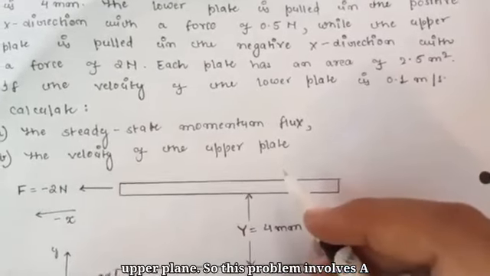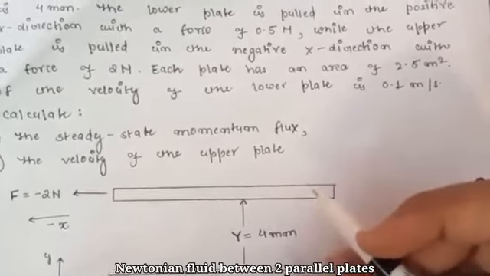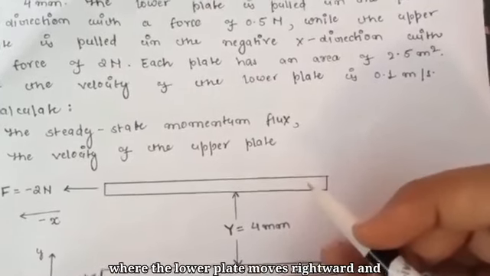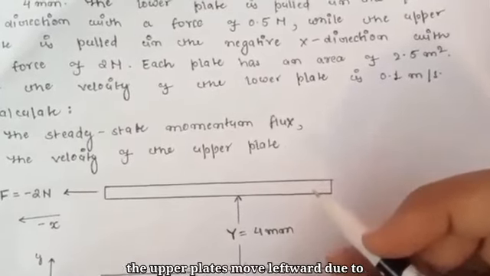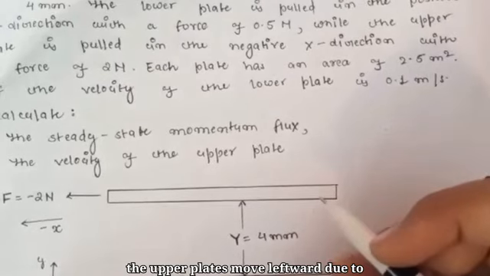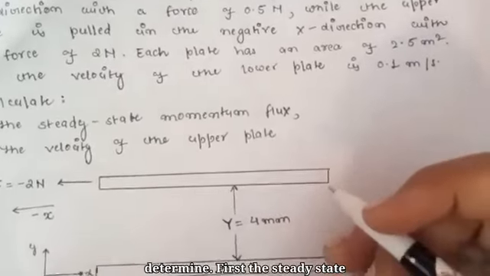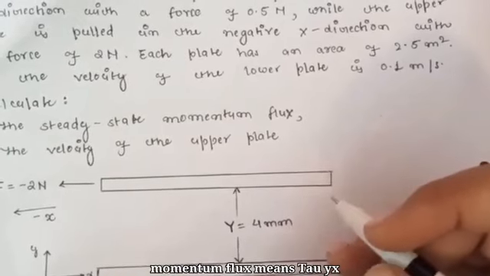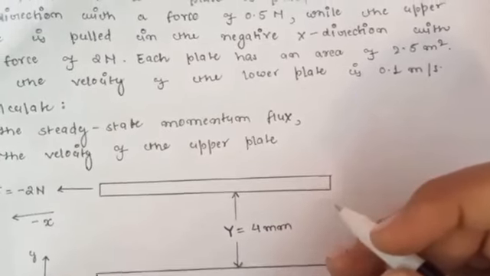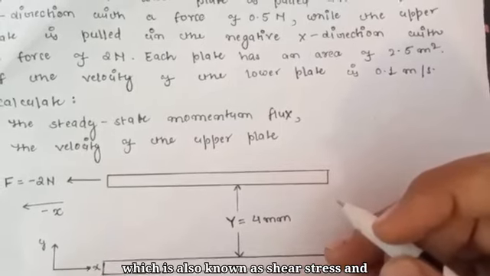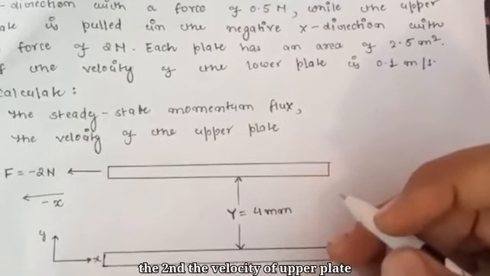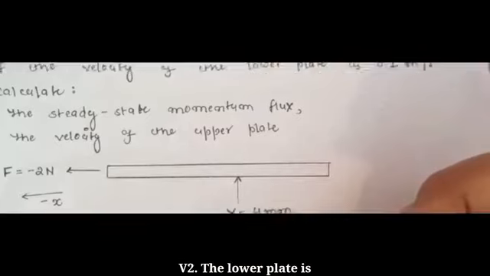So, this problem involves a Newtonian fluid between two parallel plates, where the lower plate moves rightward and the upper plate moves leftward due to applied forces. Our goal is to determine, first, the steady state momentum flux, meaning tau yx, which is also known as shear stress, and second, the velocity of the upper plate, v2.